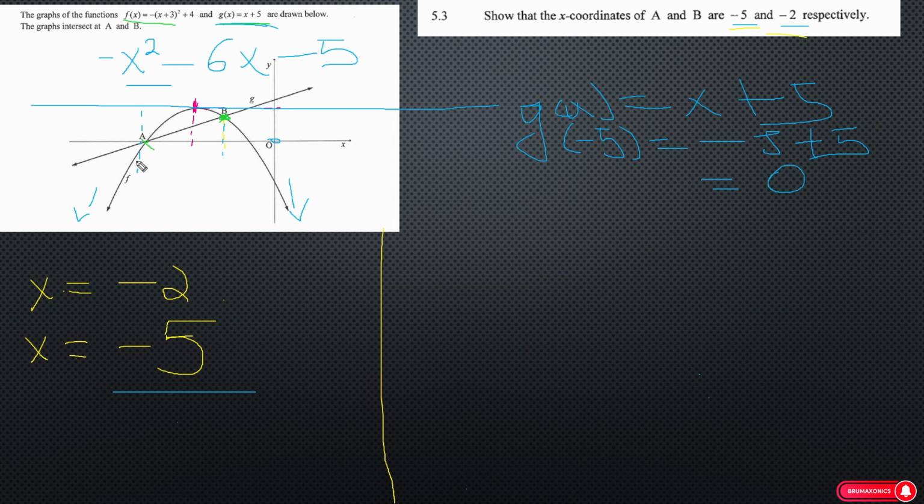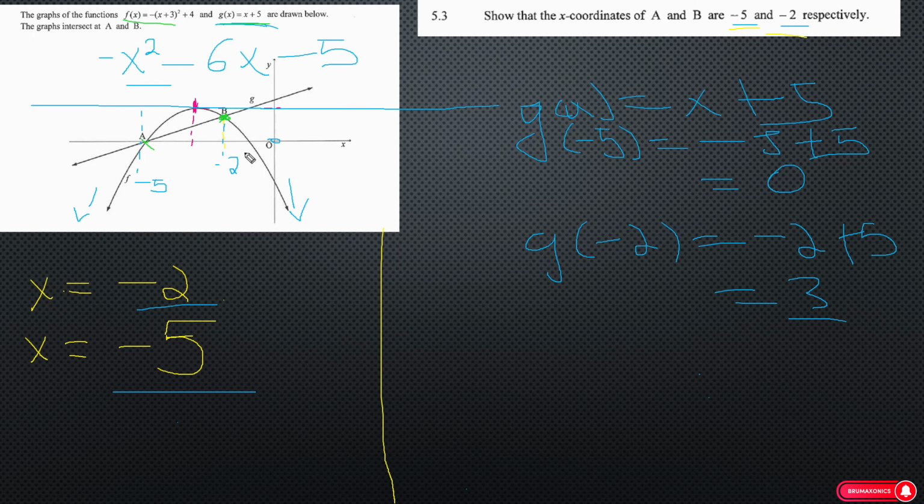So here we know that it will be -5 and 0 for the other one. Here the x is at -2, but we don't know the other value. So when x is -2, g of -2 gives us -2 plus 5, which is 3.